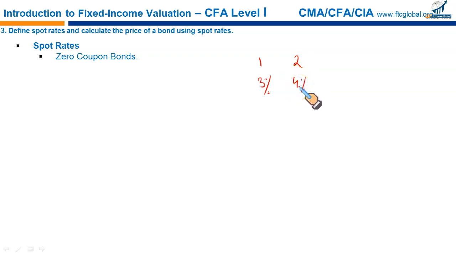And another zero coupon bond maturing in 3 years has a discount rate of 5%. So the discount rates for zero coupon bonds are spot rates, and we sometimes refer to spot rates as zero coupon rates or simply zero rates.